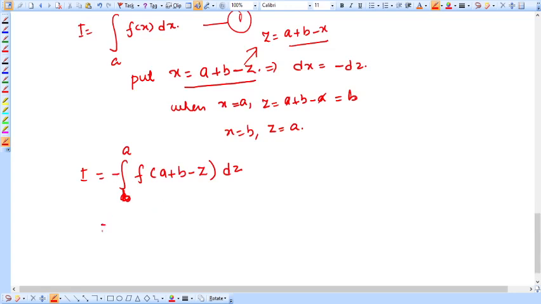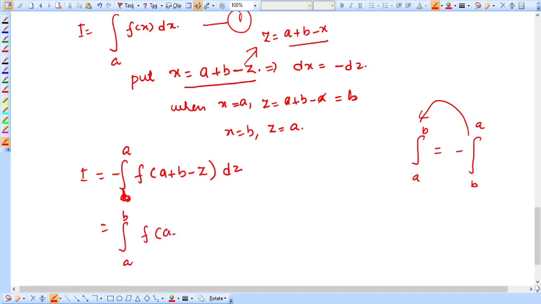Before that, use property number 2, because property number 2 says that integration of a to b f of x is equal to minus integration of b to a. So can we write this as a to b? Yes, of course. So we can write integration a to b f of a plus b minus z dz, because of this property.